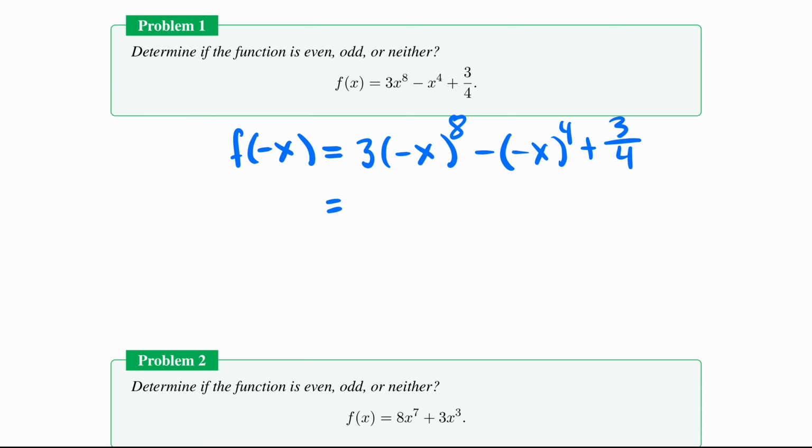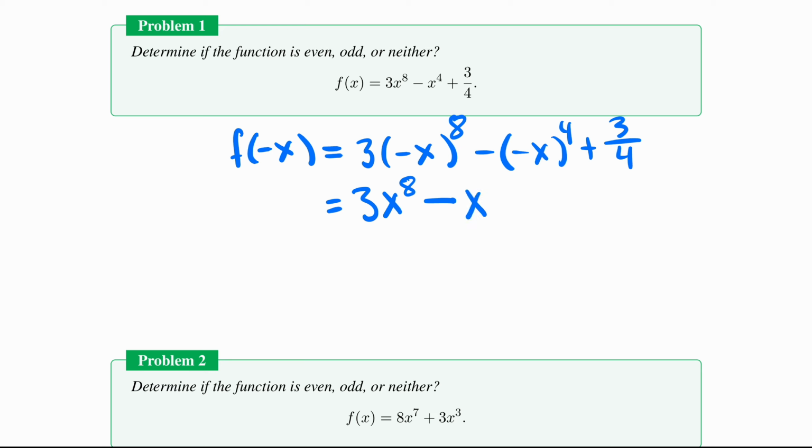In the first parentheses, because we are raising this to an even power, the negative is going to go away. So you're left with 3x to the 8. Then we have a minus. In the next term, we're raising this to an even power, so the negative is also going to go away.